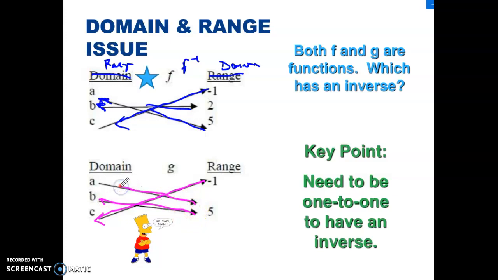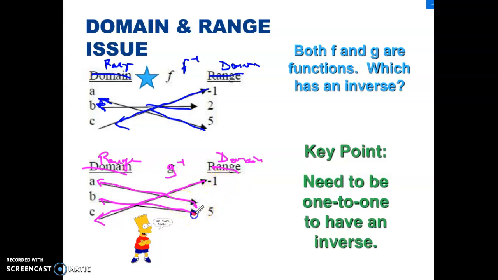And the problem is at 5. This is now the inverse. We're talking inverse. This is the domain of the inverse because we're switching the perspective. X and Y's get switched around. Domain and range get switched around.